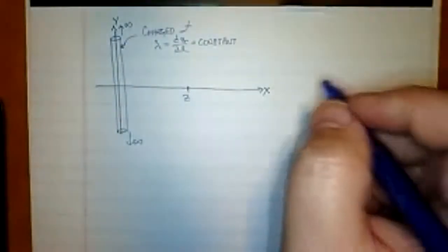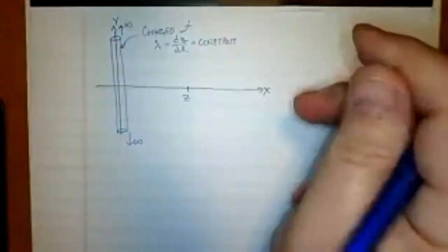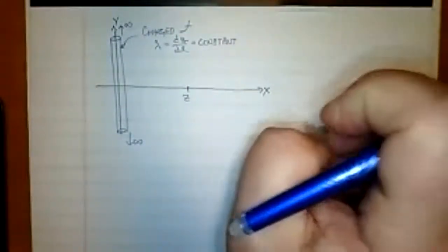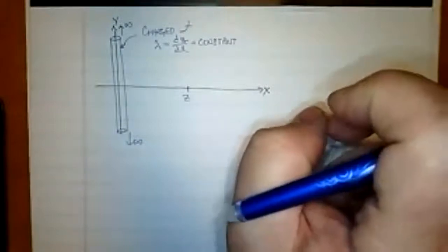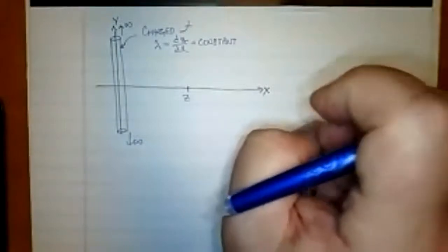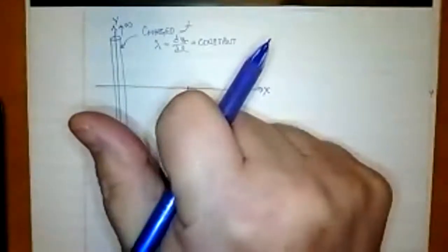What that means is I would not say this in an actual problem. I would tell you this is a uniformly distributed charge on an infinite line of charge. So for instance, if you took out 3 centimeters and you determined that it had 2 coulombs in it, then any 3 centimeter section would have 2 coulombs in it. Okay, that's what that means.